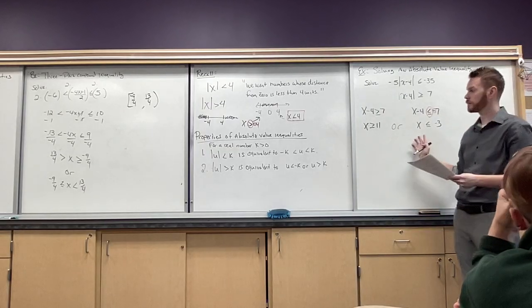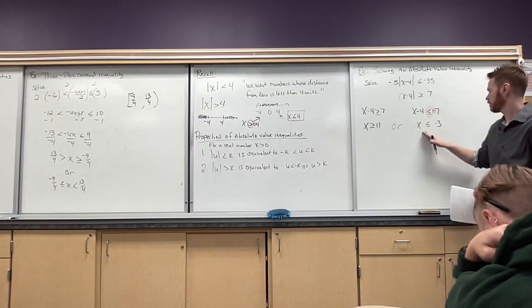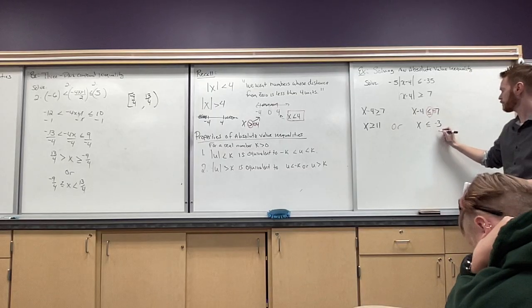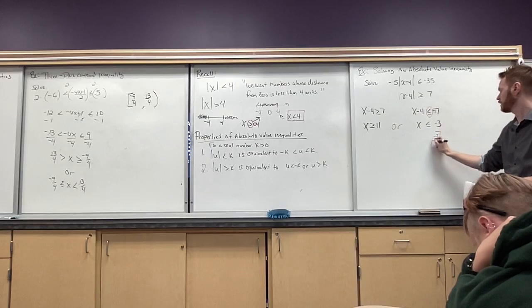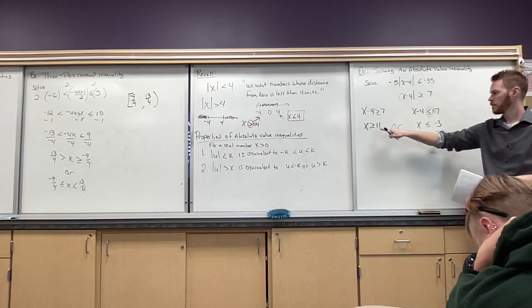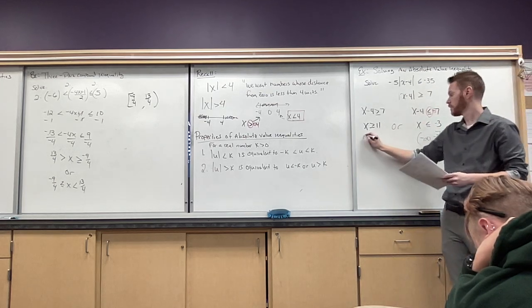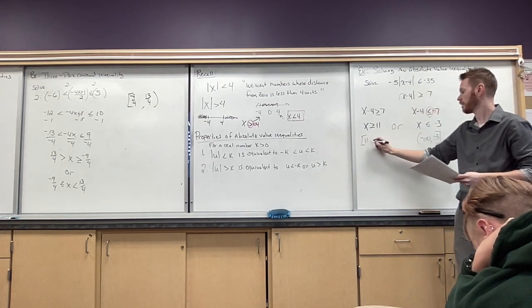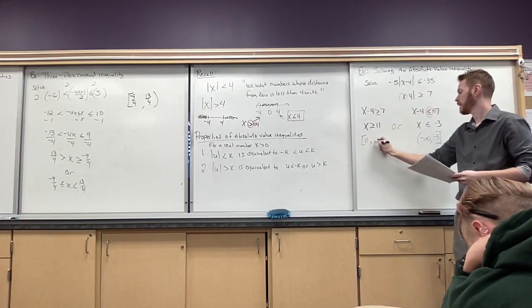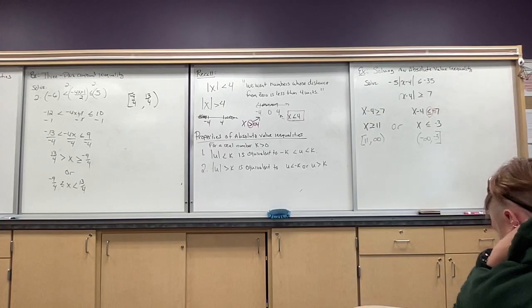Okay, I want to put this in interval notation just to practice it. This one over here, well, negative 3 is the highest, and I can include it. And then it goes negative infinity in that direction. This guy, okay, I want it to be bigger than 11. So 11 is the smallest I got here, but a bracket because I want to include it, and then positive infinity over there. So now I got two intervals. I want to combine them into one.